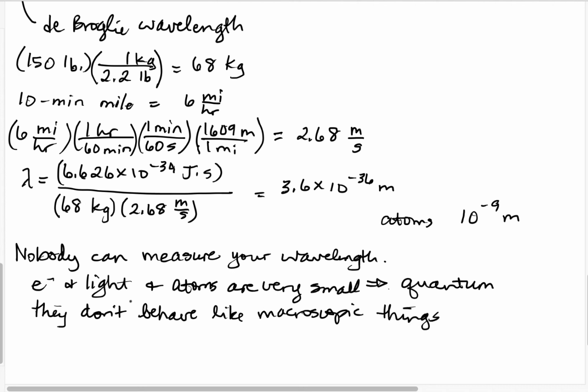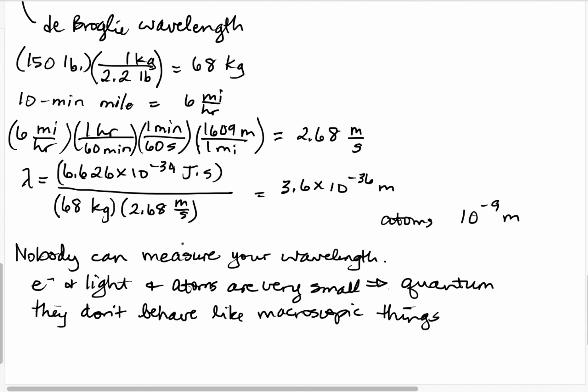Okay, so since electrons and atoms and light don't behave like macroscopic things, it means that the way they behave is really hard for us to understand. And that's okay. We don't have to be able to sort of visualize it, but it means that we're going to use a lot of analogies. So hopefully everybody is going to be comfortable with the idea that we're just going to have to use a lot of analogies.